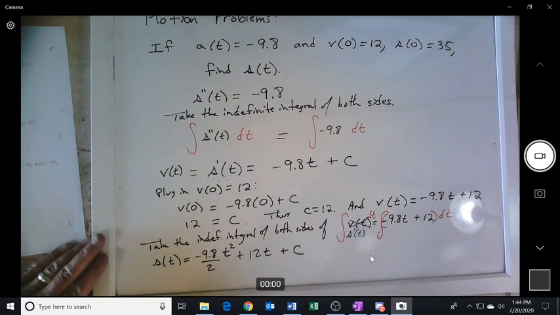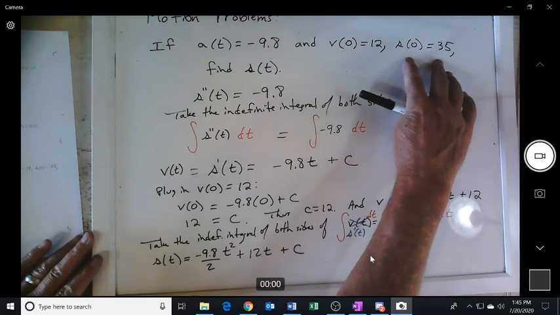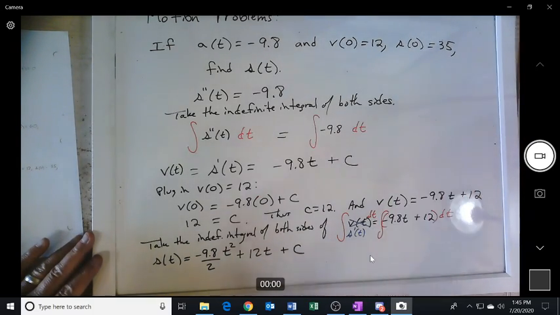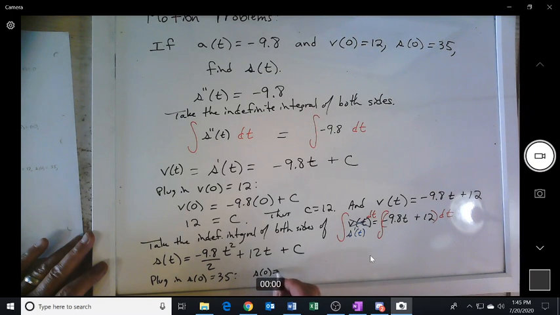But I know how this arbitrary constant can be determined. We know this right here. Plug in S of 0 equals 35. This equation becomes S of 0, and negative 9.8 divided by 2 is negative 4.9 t squared plus 12t plus c.